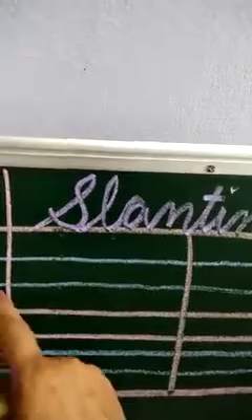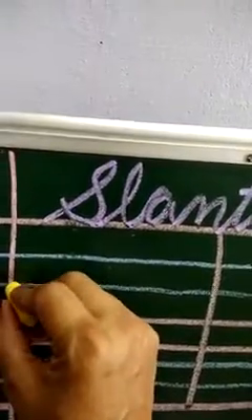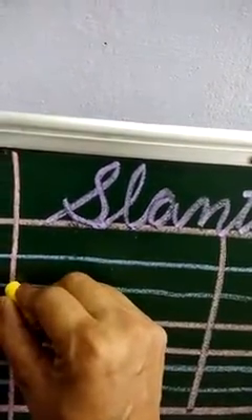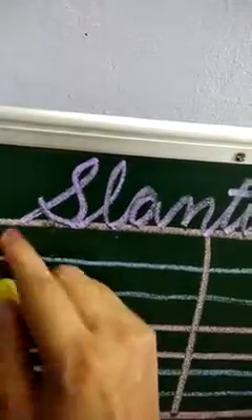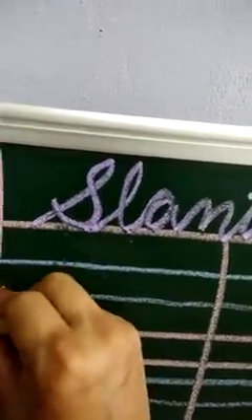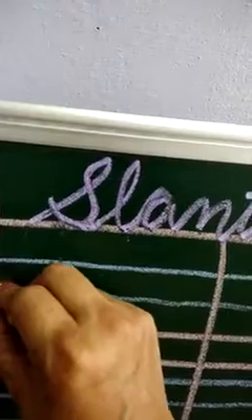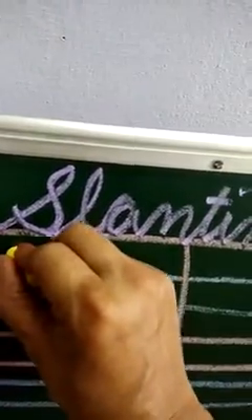Which line? Third line. And you have to start from this corner, from the blue line, and go upward like this. Start from the blue line and go upward and touch the pink line like this.